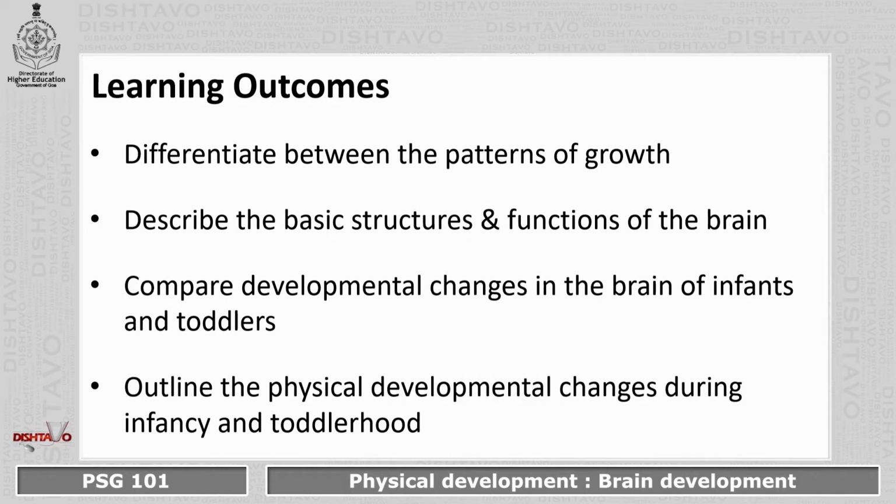By the end of this lecture, you should be able to differentiate between the different patterns of growth, describe the basic structures and function of the brain, compare developmental changes in the brain in infants and toddlerhood. You should also be able to outline physical developmental changes during infancy and toddlerhood.